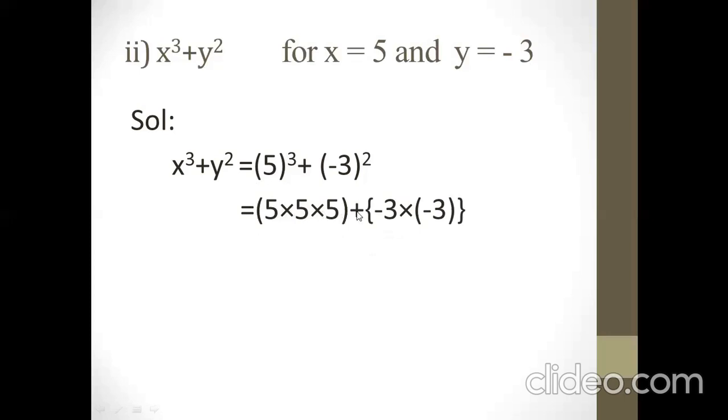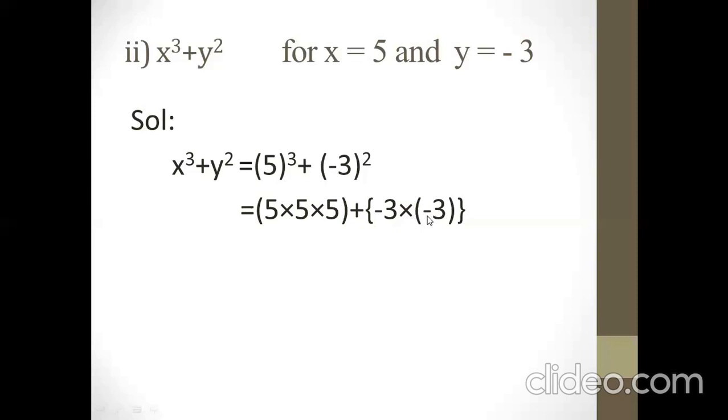Then again we will use the plus sign. -3 squared means you have to multiply -3 2 times, okay? Now -3 multiplied by -3. Why are we using this bracket? Because if we are not using this bracket, then these two signs will come together and it is not possible.